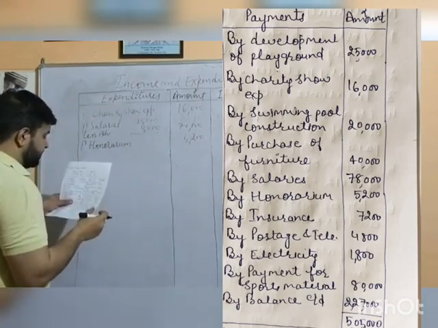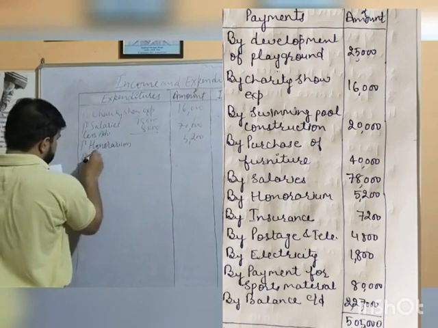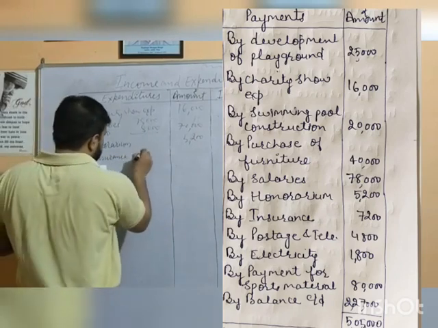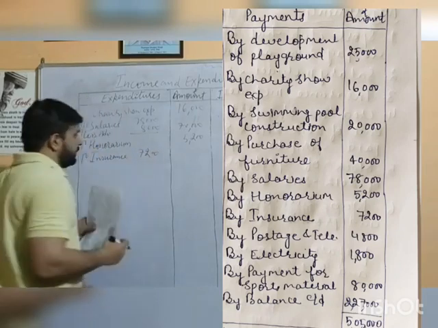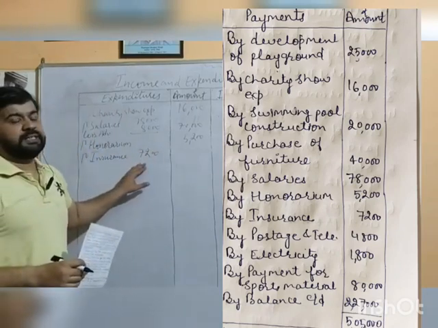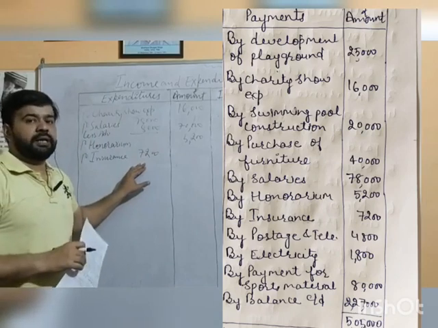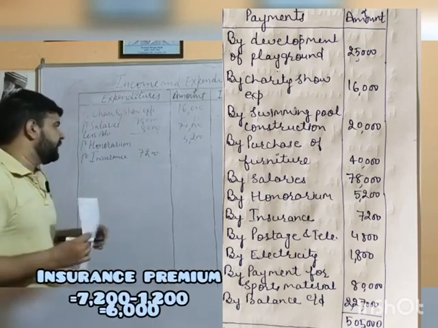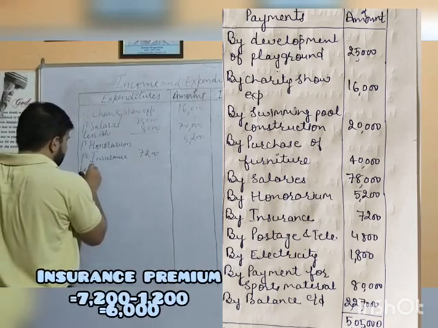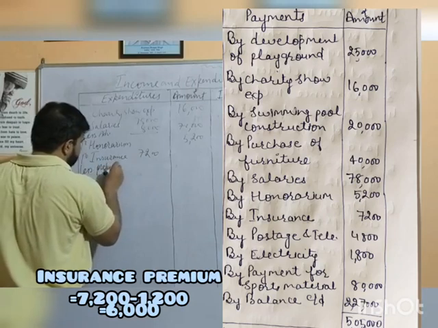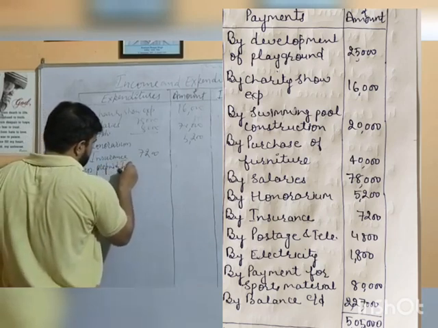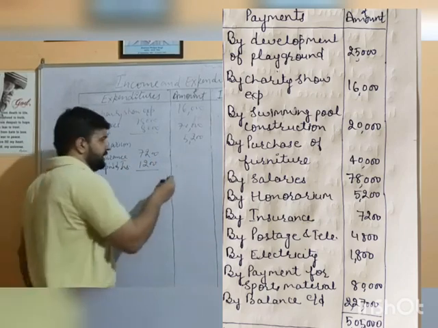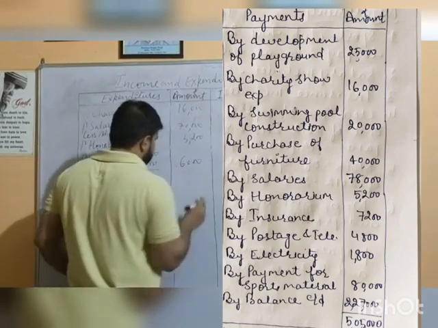Then we are having insurance premium. Paid during the year 7,200. But out of this, only 6,000 is related to current accounting year, and 2-month premium has been paid in advance for next year for the months of April and May, which is to be subtracted as prepaid insurance and to be shown on the asset side of closing balance sheet, and 6,000 will be written here.